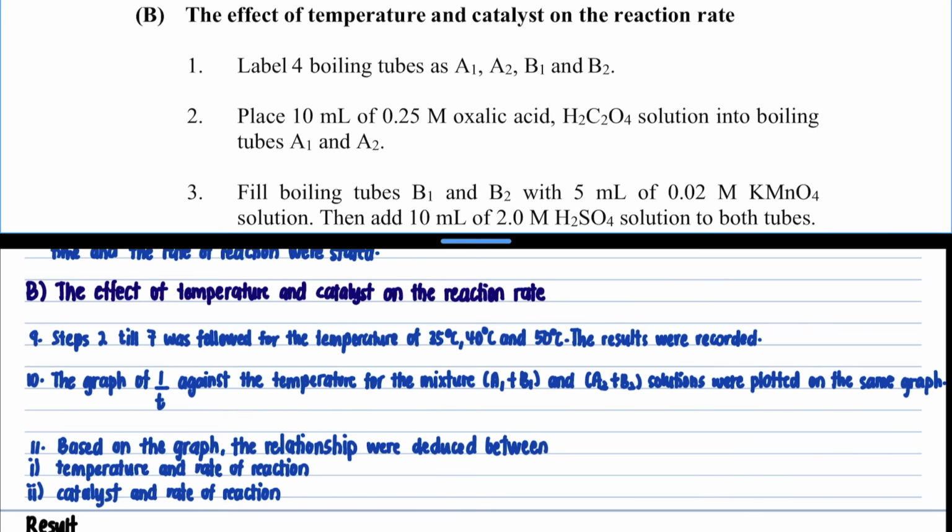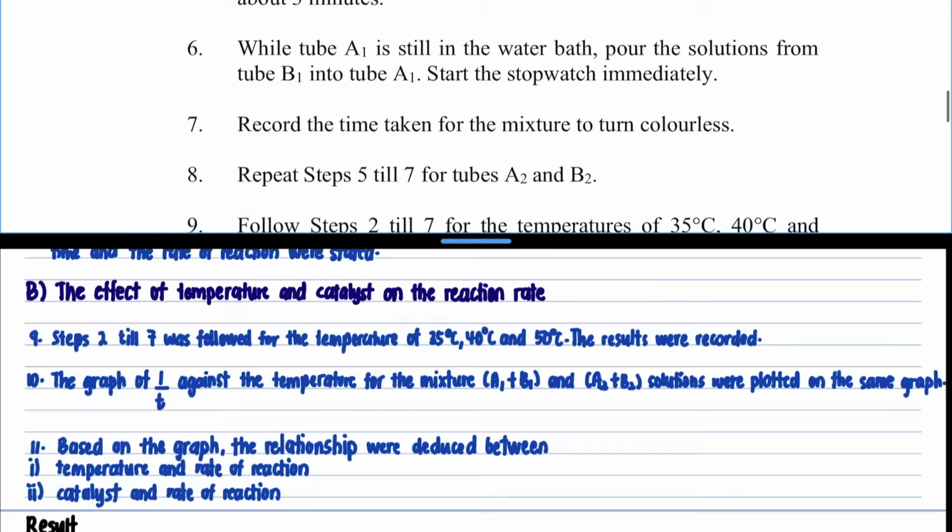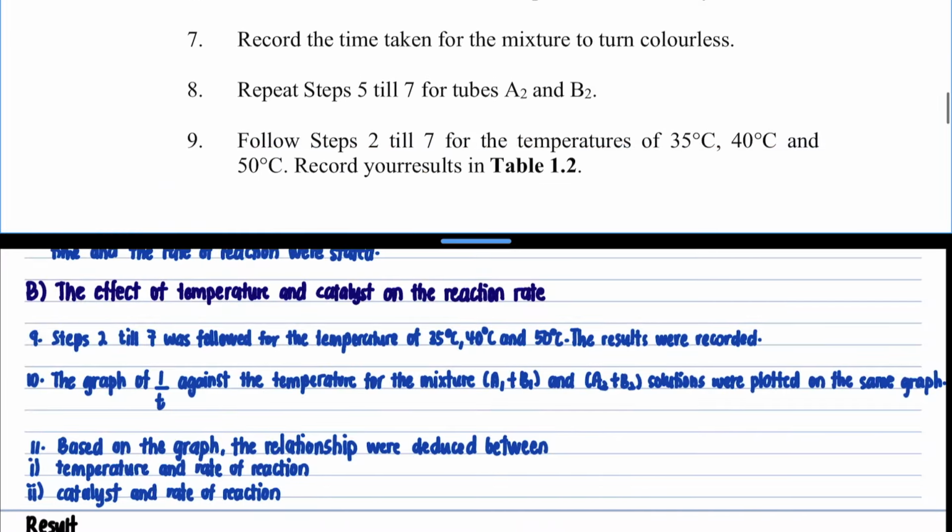Next, we're going to look for the procedure for part B, which is the effect of temperature and catalyst on the reaction rate. For step number 1 until number 8 here, I believe you could try yourself. Let's look together into step number 9. Step number 9 is follow steps 2 till 7 for the temperature of 35, 40, and 50 degrees Celsius.